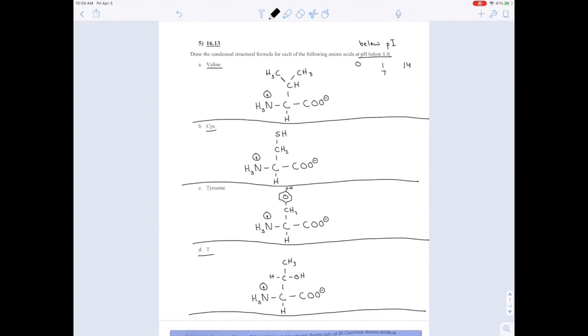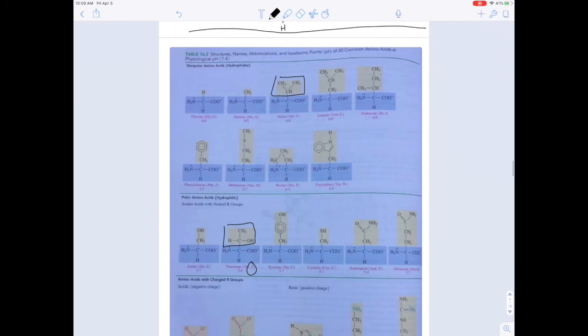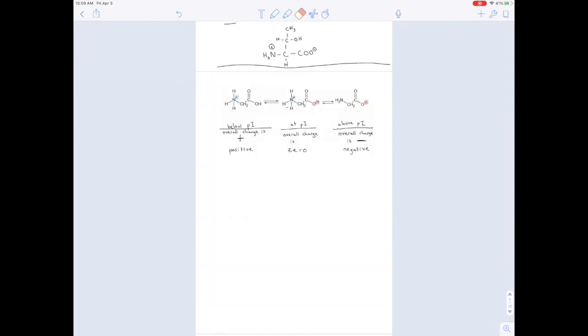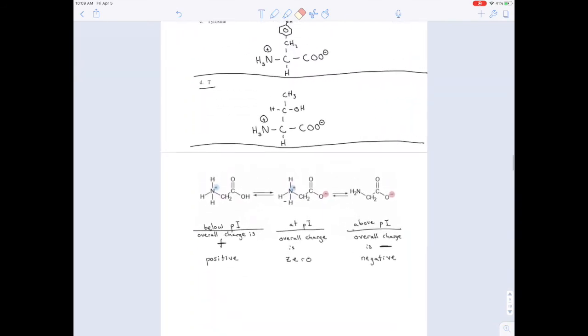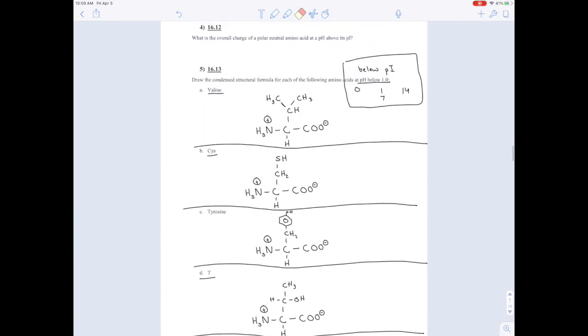Now let's think about the pH being below 1. They're all going to be below their pI. So what happens below the pI? Remember our little table that we came up with first in question number 3.